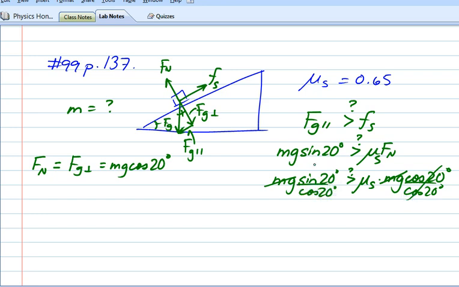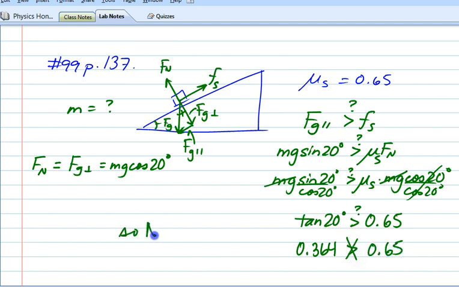And when you do sine over cosine, that's the tangent. So we want to know, is the tangent of 20 greater than or equal to 0.65? We plop it into a calculator, and the tangent of 20 degrees is 0.364. So it is not greater than 0.65. So no, it will not slide down.